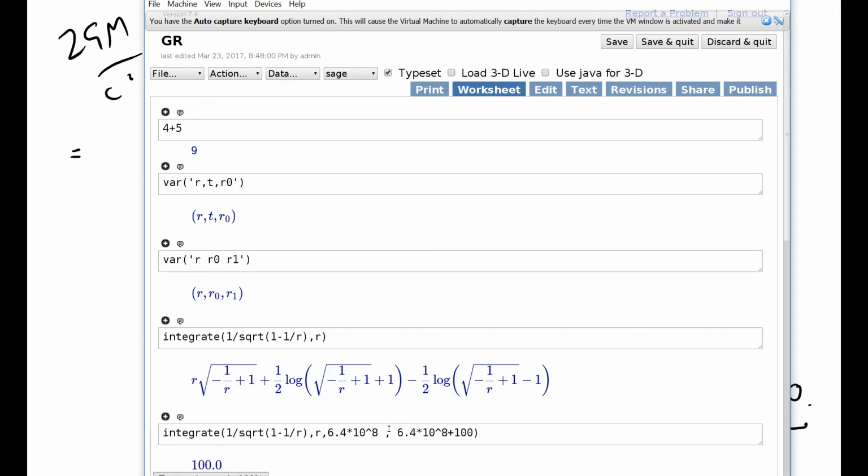Let's have a look at this. 100.0. That's not very edifying, is it? That's exactly 100, isn't it? I was hoping to show you a tiny deviation.